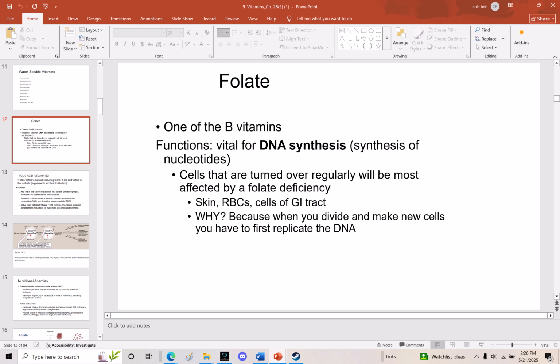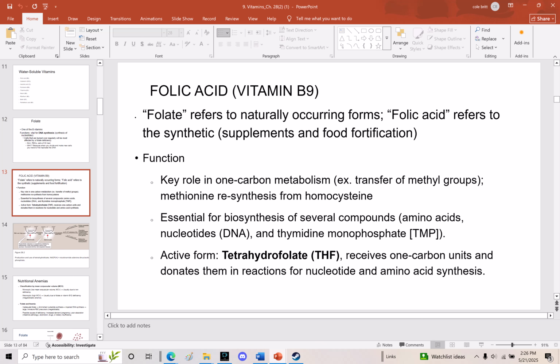Excessive intake of thiamine, which is B1, has no known toxicity. I'm just waiting. Does anyone think it's true? You're like, just tell us. False. Yeah, good job, guys.